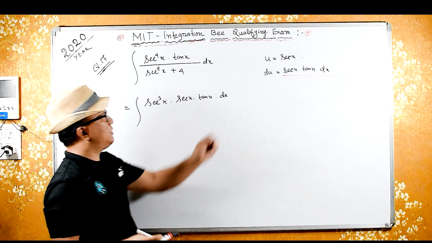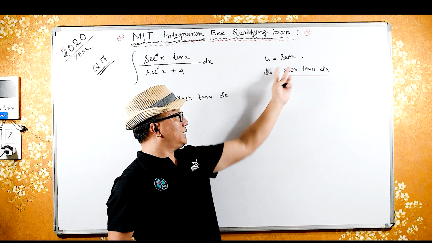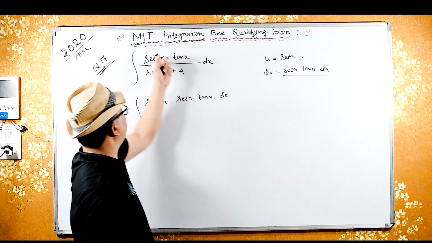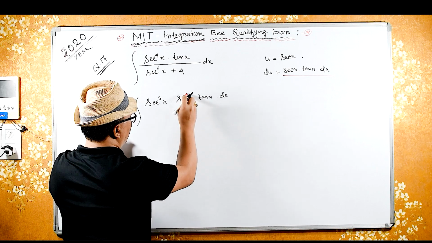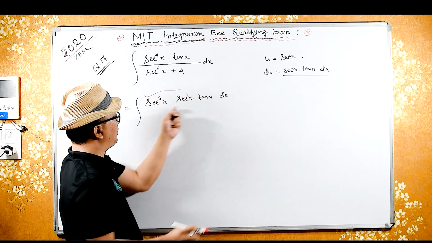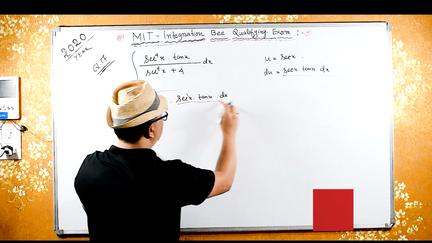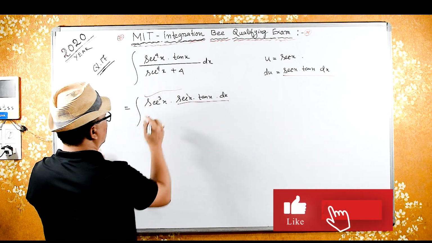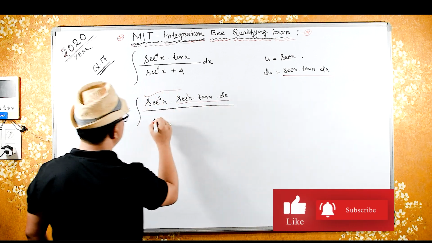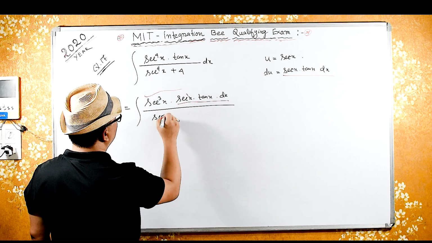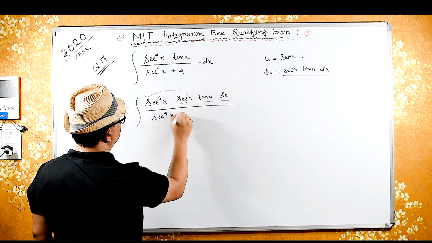Why? Because if I substitute u equals sec x, I get the whole thing. Instead of 4, I can say 1 plus 3, that is 4. But these become my du upon sec^4 x plus 4.